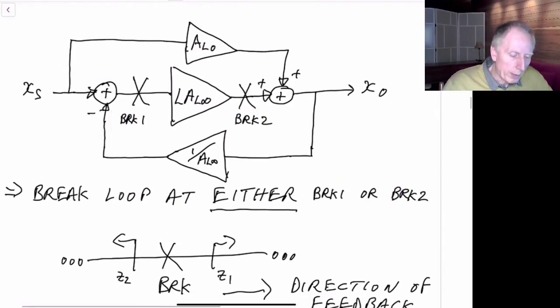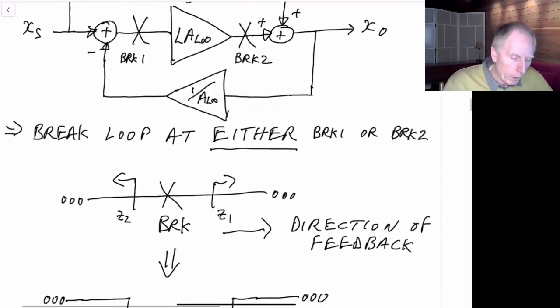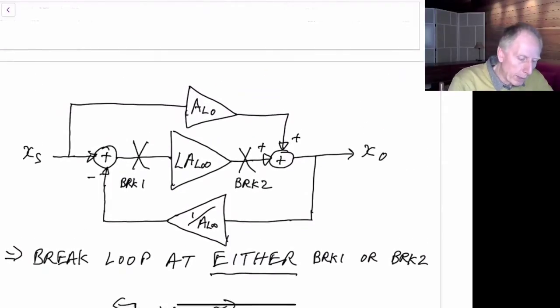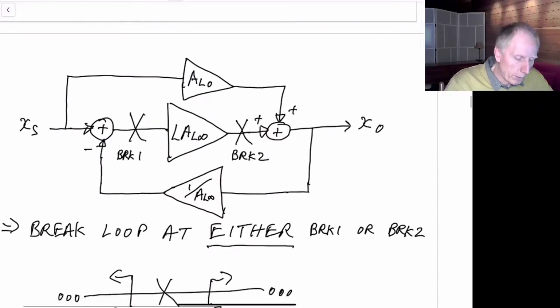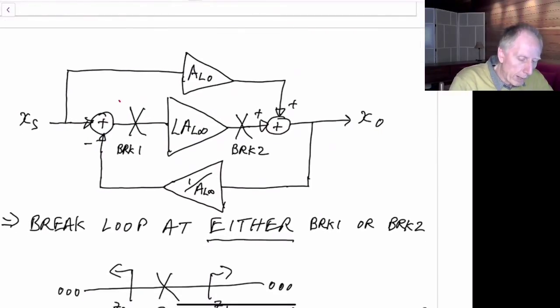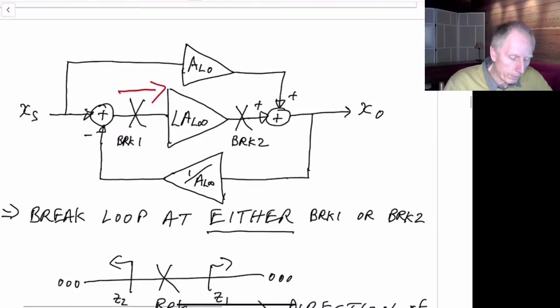So what does it mean to break the circuit? Let's say we decide to break it in this location here. First off, we notice the direction of feedback: the direction of the signal path is going from left to right.